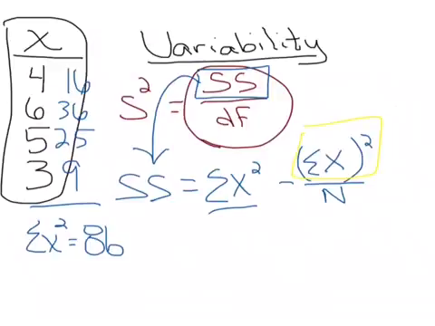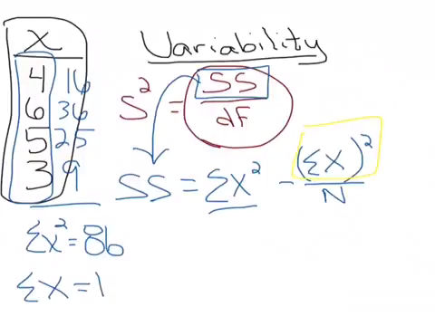So in this case, we're going to just take our sum of x, just add up these original raw numbers, the very first numbers without squaring them or anything. So that's 4 plus 6 plus 5 plus 3. We should get a sum of x equals 18.